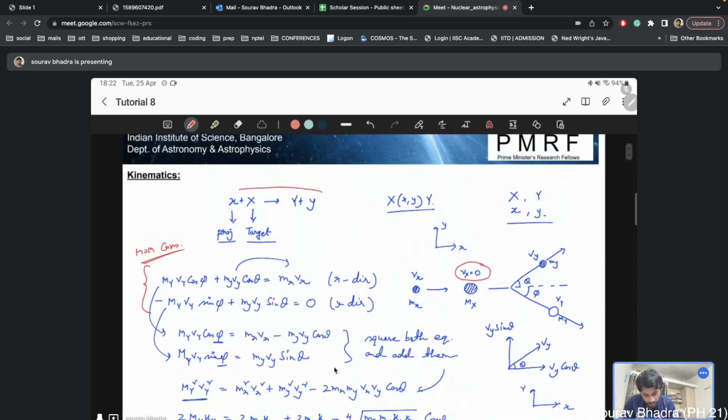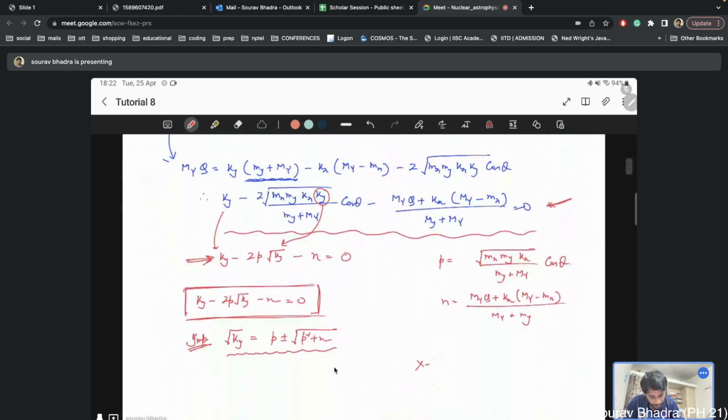So, in this equation, this was our consideration that x plus small x is giving you capital Y plus small y. Okay. So, you can think small y as the ejected particle. Small x we are considering as projectile, so you can say small y is the ejectile.